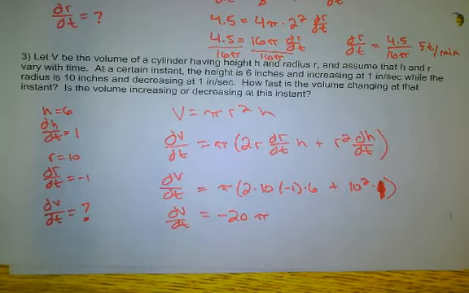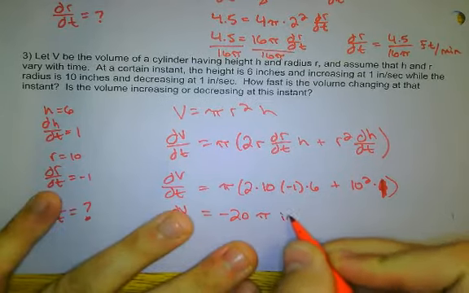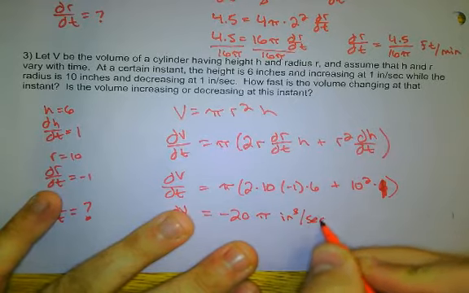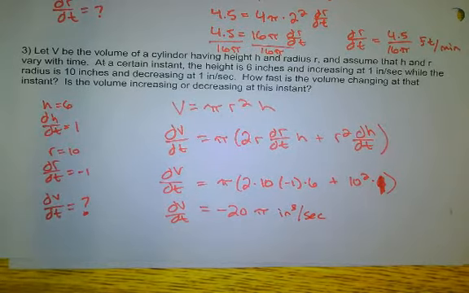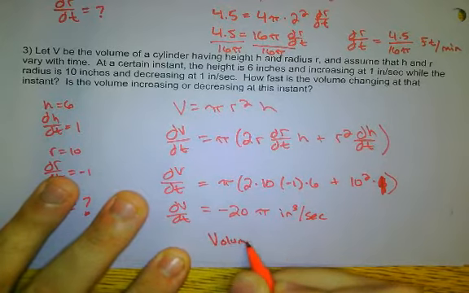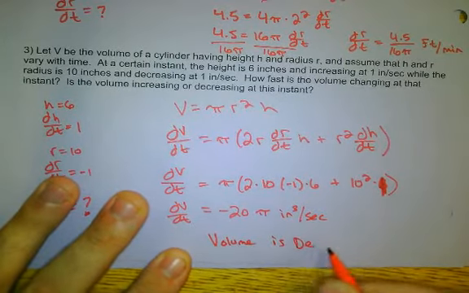Negative 20 pi. What's our units? Hold on. Inches cubed per second. Is this increasing or decreasing? Why? Because it's negative.